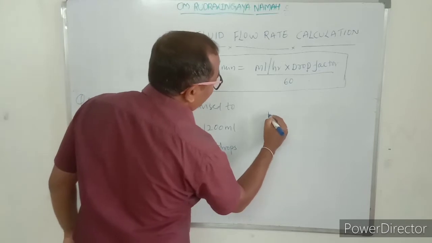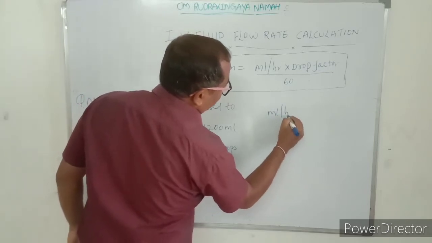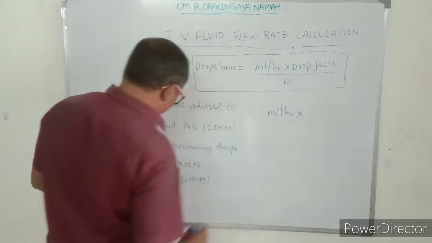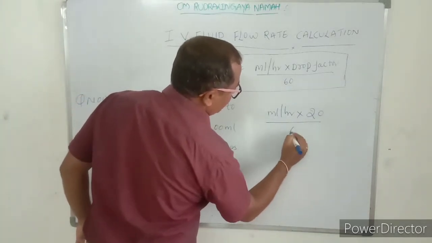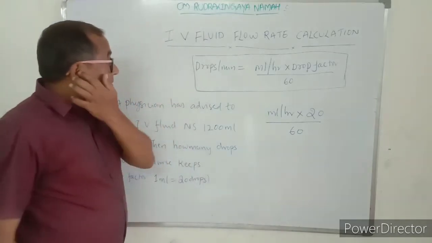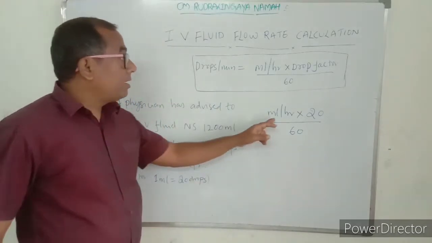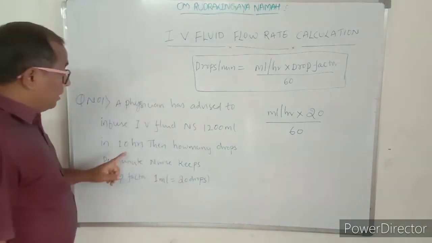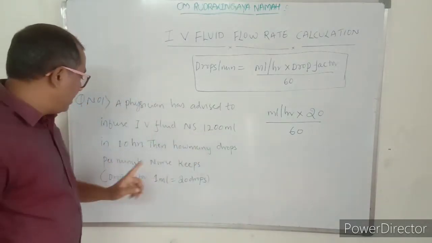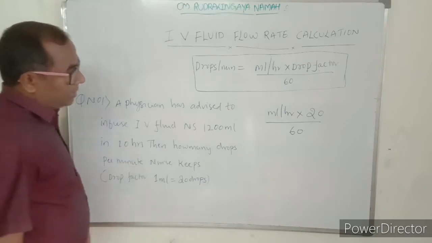Okay. So here we have got the drop factor. The ml per hour we don't know. We have to calculate that one. And the drop factor is how much here? 20 drops. So that is 20 divided by 60, it is a standard one. Okay. So here we need to calculate the ml per hour. So how to calculate ml per hour here? See, 1200 ml has to go in 10 hours. Okay.